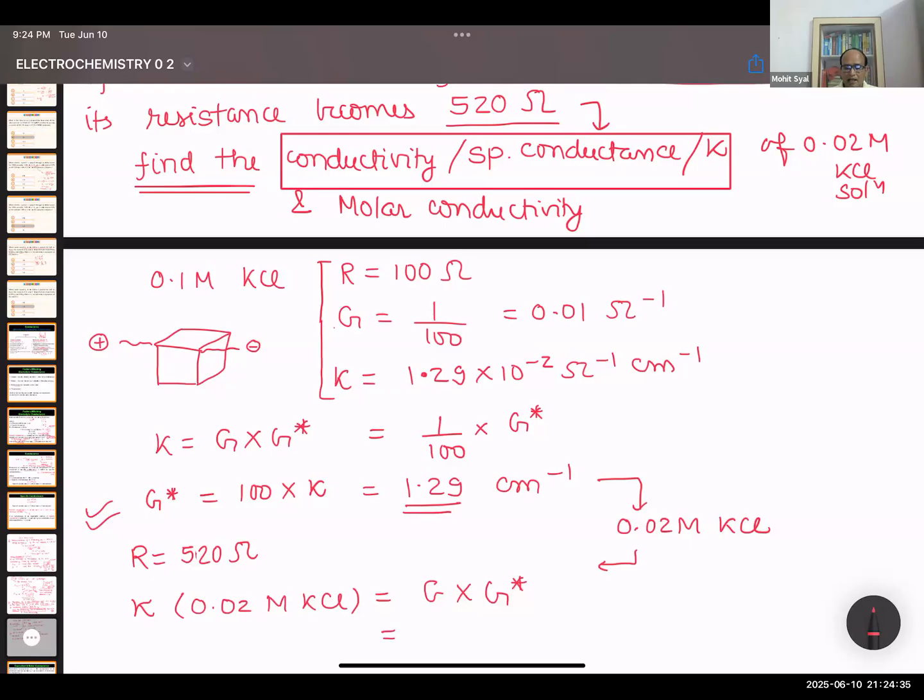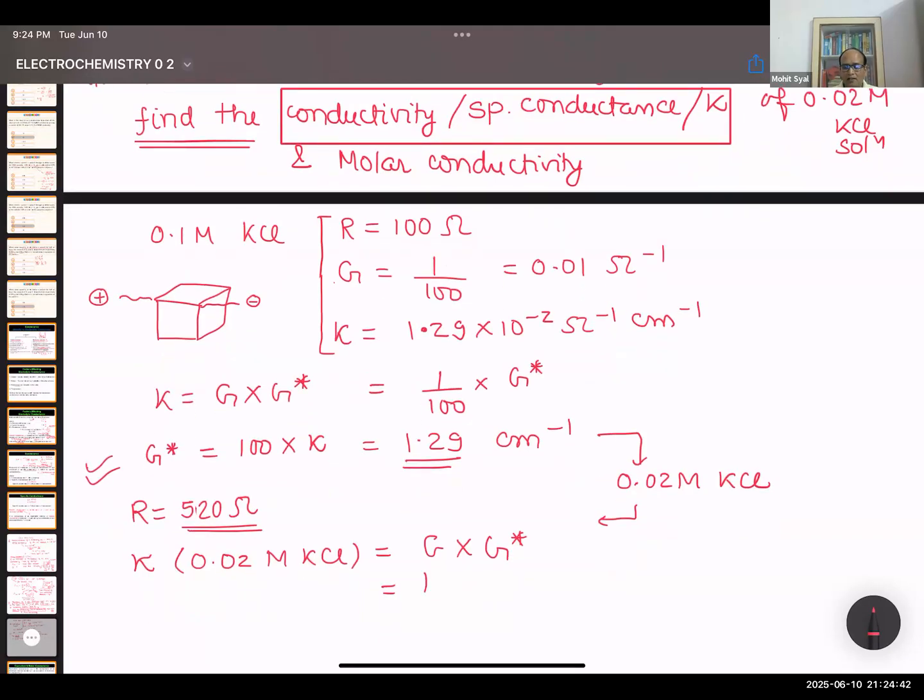Kappa equals G into G star. As this is a new solution, the resistance is 520, so the conductance is the inverse of the resistance. And the cell constant is going to remain the same because the dimensions of the cell are the same. The cell constant is 1.29. So this is the new kappa value.